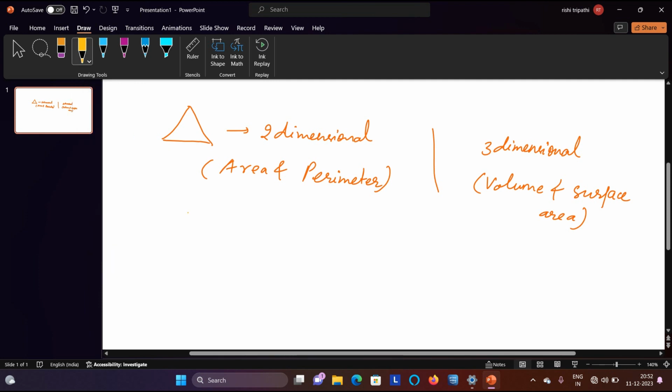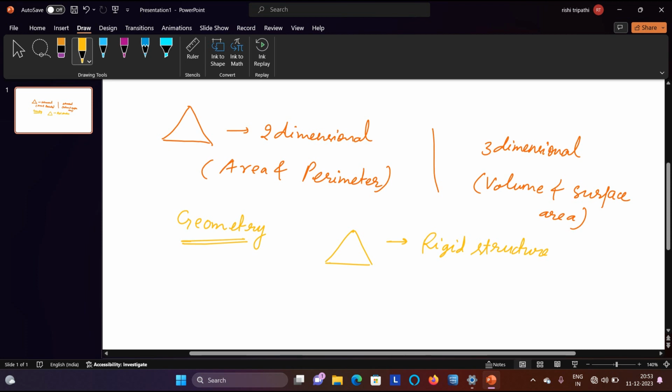We shall start the geometry part, and before starting that, I want to tell you this triangle is a rigid structure. What is the meaning of rigid structure?